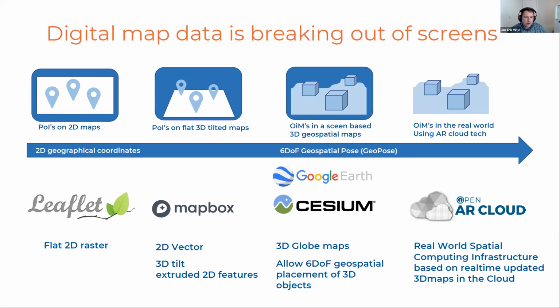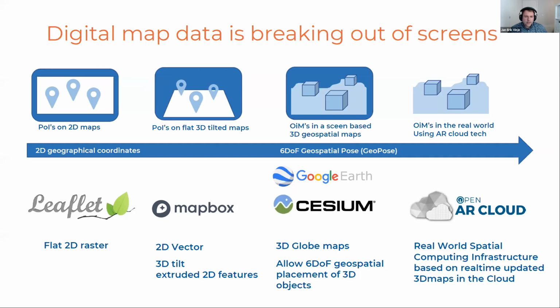More interesting though are the globe maps, where the real world is recreated 3-dimensionally on the screen, and where you can place objects in those maps with geospatial 6 degrees of freedom position and orientation. What we call GeoPose in OGC and also OpenAir Cloud.